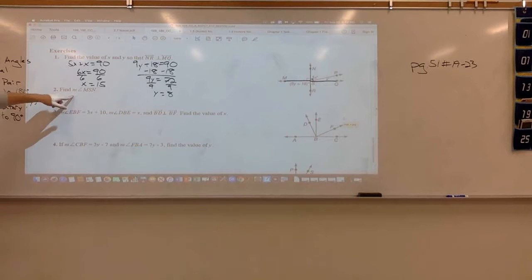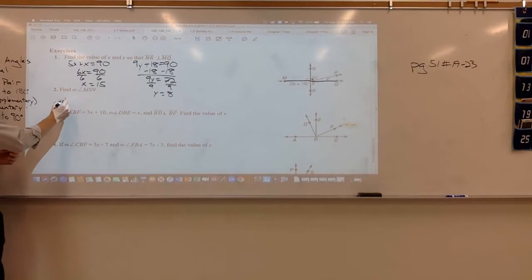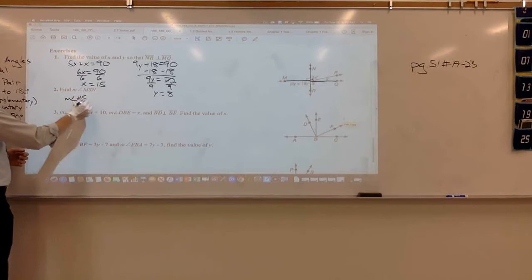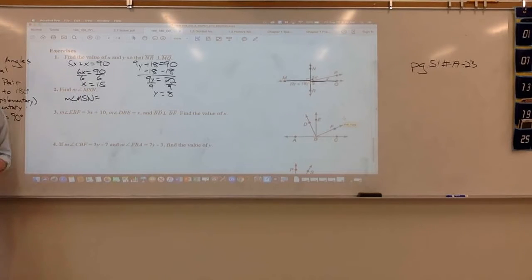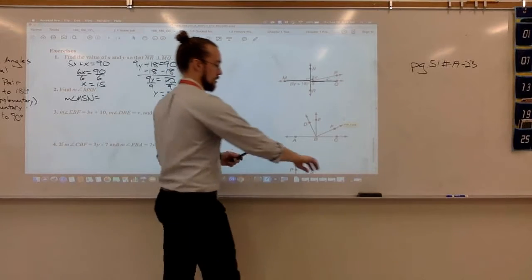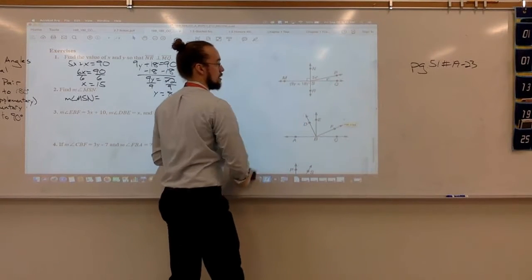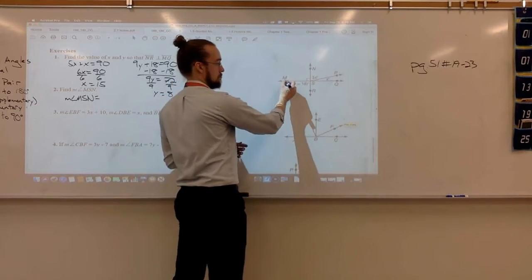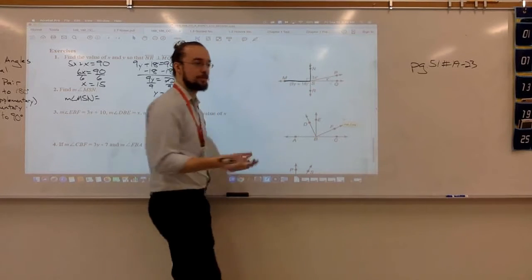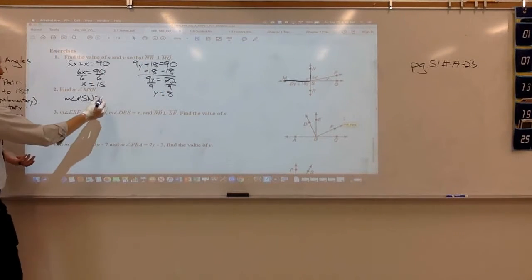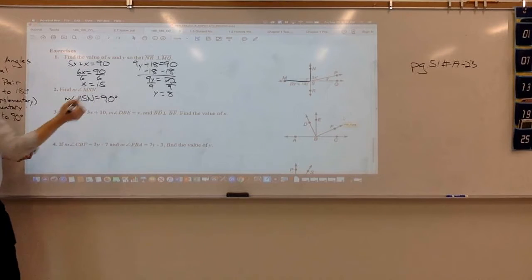What about the measure of angle MSN? How would I get that from this diagram? So where is MSN? Yeah, that's just a right angle, so it's 90.